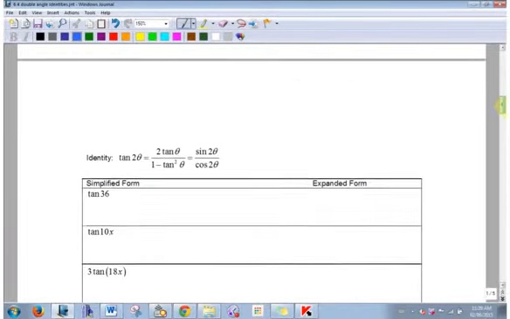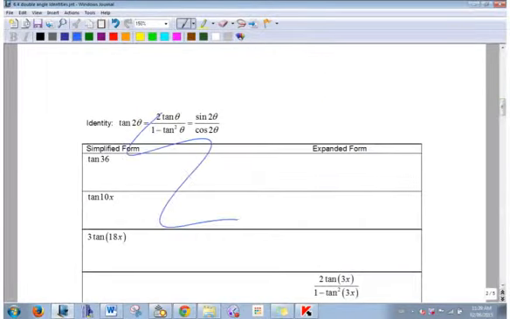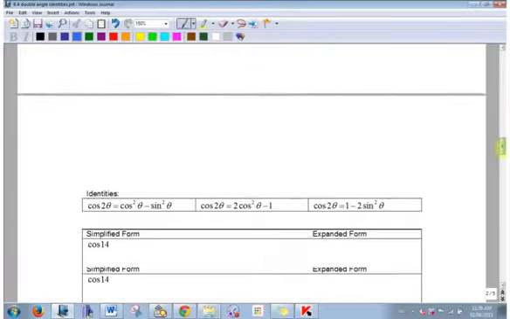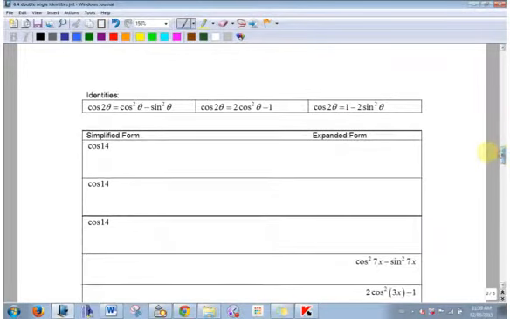Now, I think we got enough to worry about today. So I'm going to do this quickly, and then we'll change our tune. So there's also 3 for cosine double angle identities.